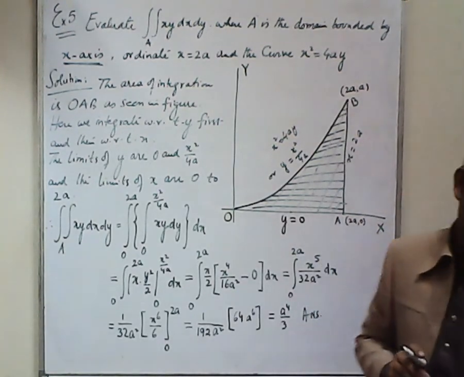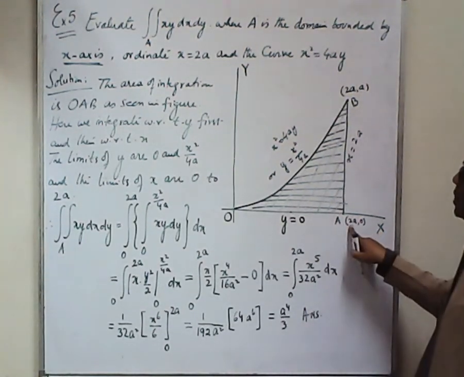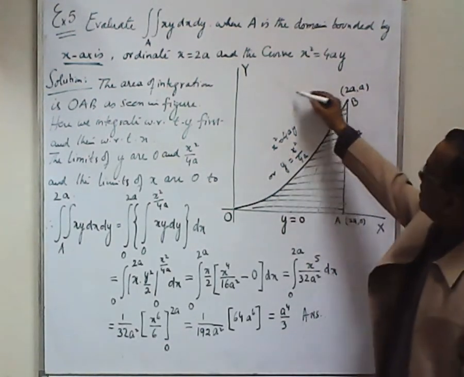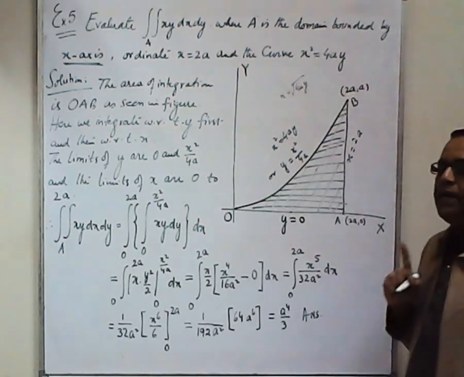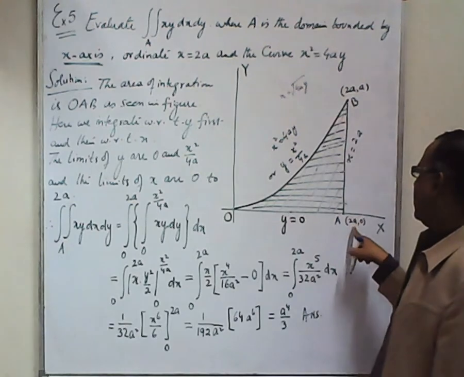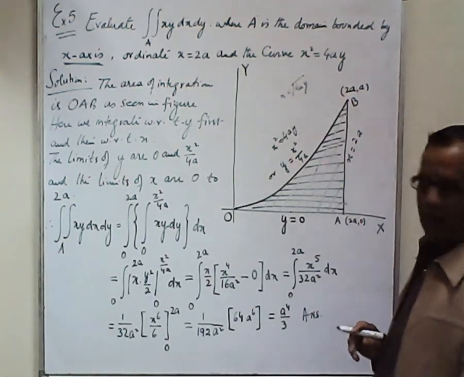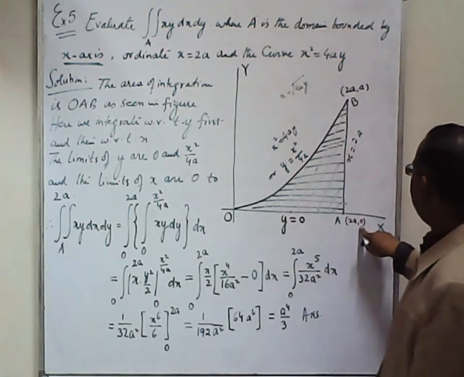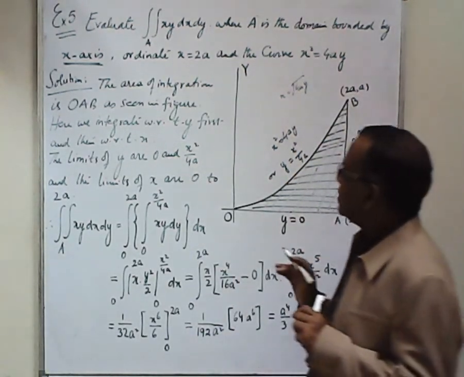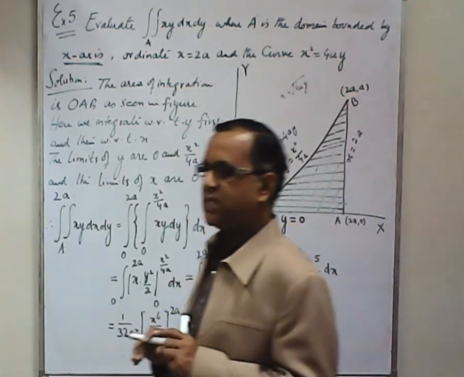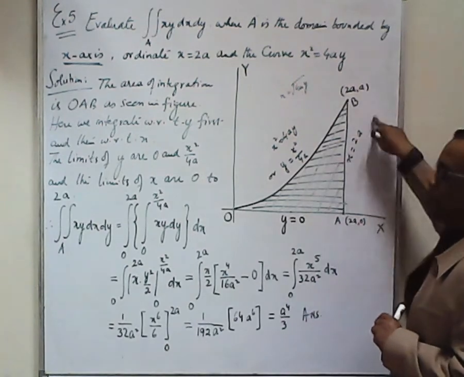If we integrate with respect to x first, the limits of x will be 2a to under root 4a over y, and then the limits of y will be 0 to a.